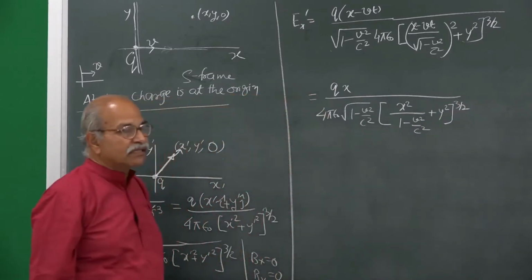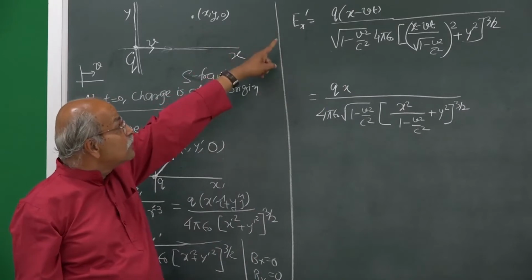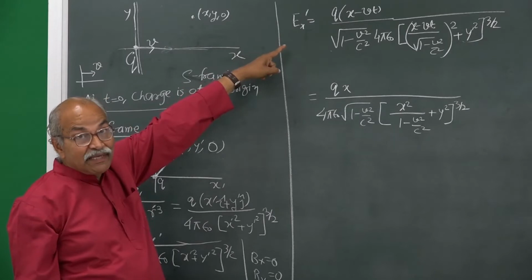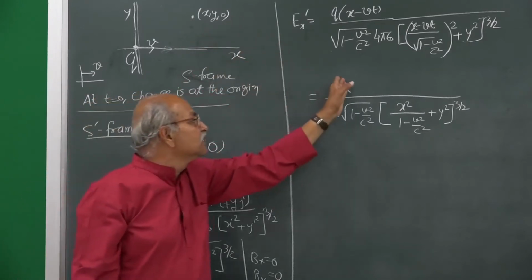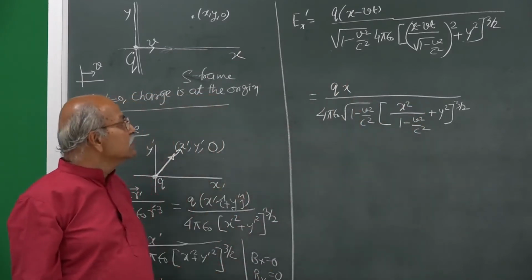This is this expression. Ex prime, remember it is Ex prime. I am still writing the electric field as observed in S prime. I have only expressed that in terms of these coordinates x and y.